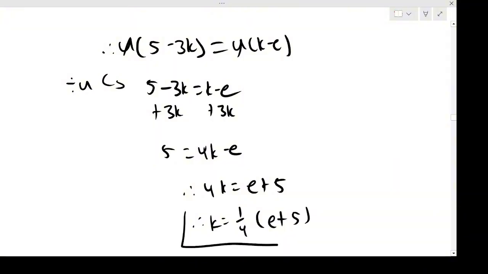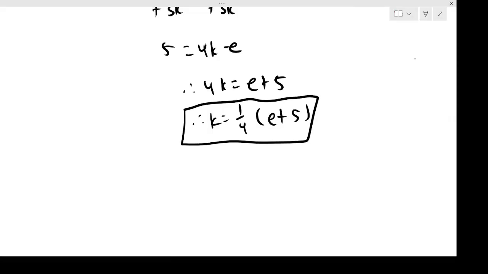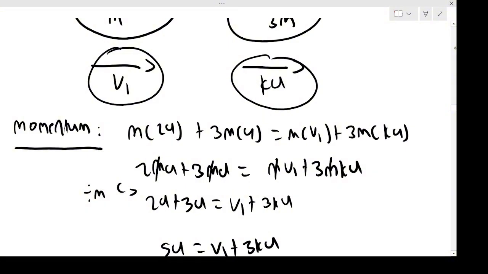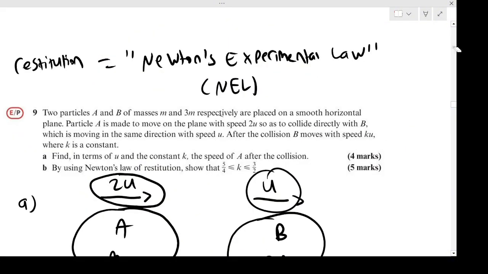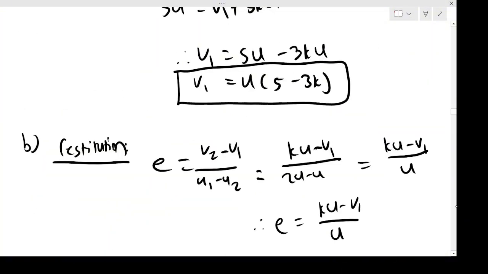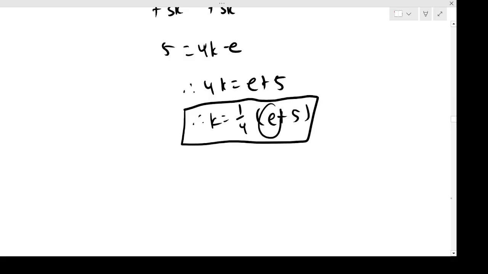Okay. Now, how on earth am I going to get an inequality from this? If we look at the answer they want, there's no e involved. It's just between 5 over 4 and 3 over 2, right? k is between 5 over 4 and 3 over 2. There's no e. That gives us a hint, okay? Our expression does involve an e.